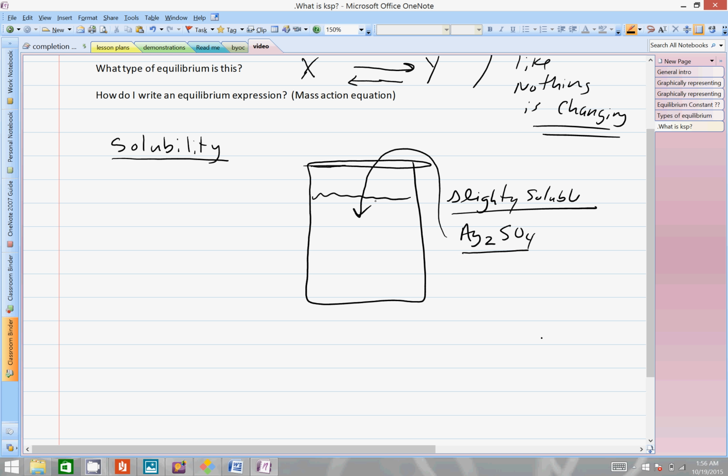Then, as it dissolves, of course, you know that for this compound, we're going to get 2 Ag pluses, 1 sulfate. And that's the proportions in which they will be achieved in solution. And eventually, you'll start having stuff piling up on the bottom. This is by definition a saturated solution.